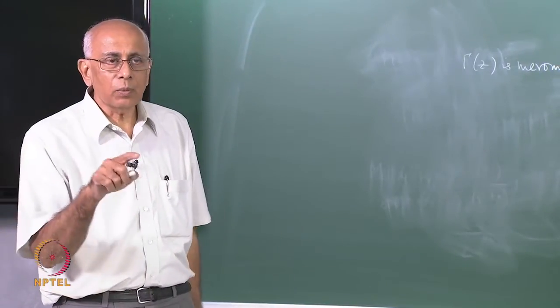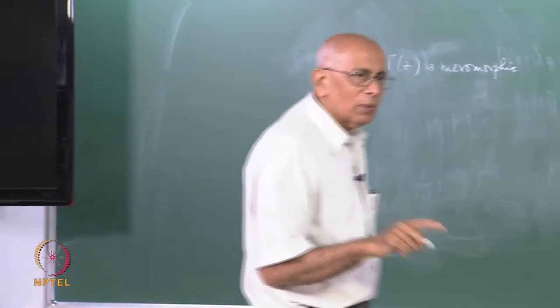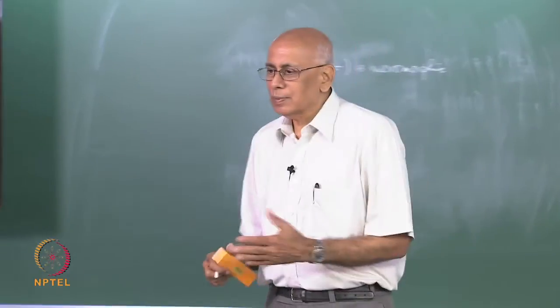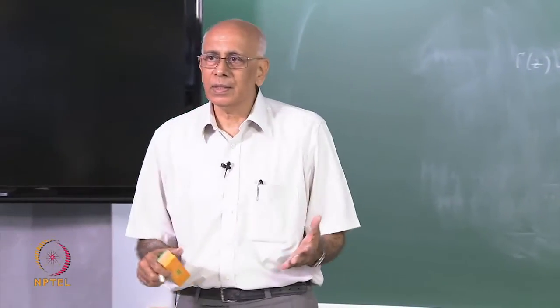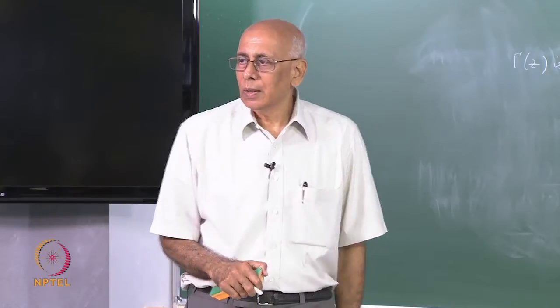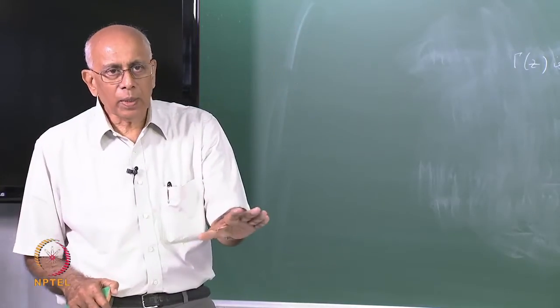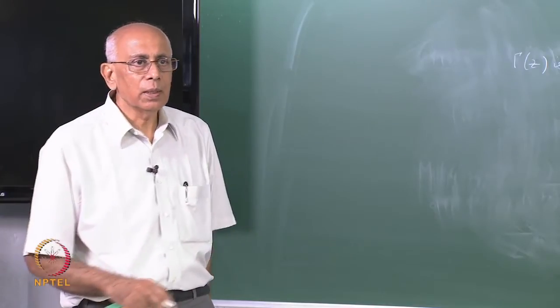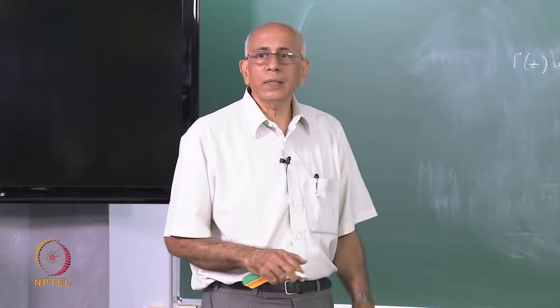What's the reason? What condition should a meromorphic function satisfy in order that its reciprocal be an entire function? Meromorphic means in the finite part of the plane it has only poles of whatever order, it has only poles. And now I tell you its reciprocal is an entire function.